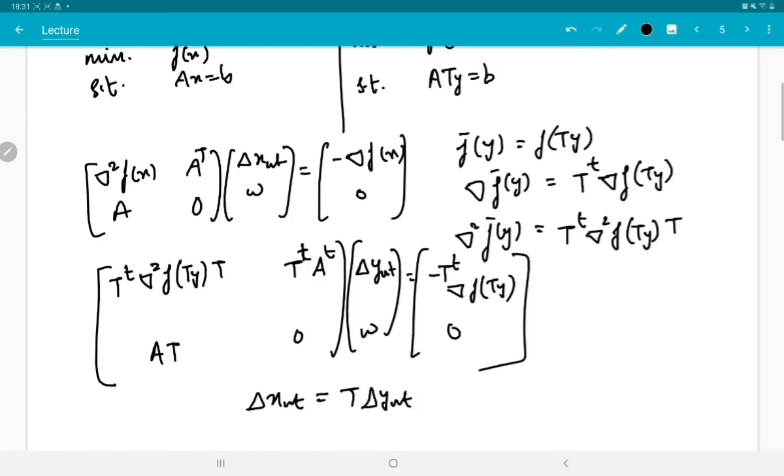If we compare this with the original KKT conditions, this says it all. Even if we have a new definition of del x nt, still the invariance property holds. That is, changing the variable with a linear transformation just makes the same linear transformation in the step.